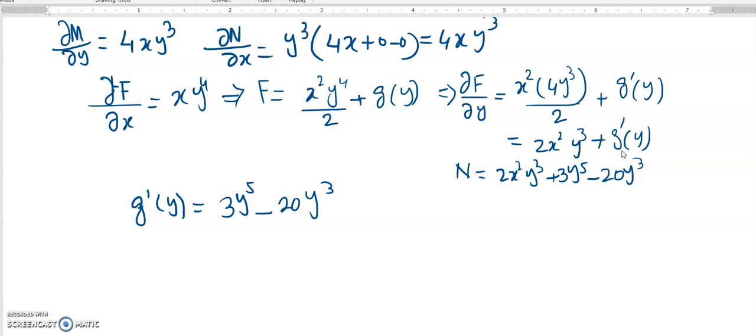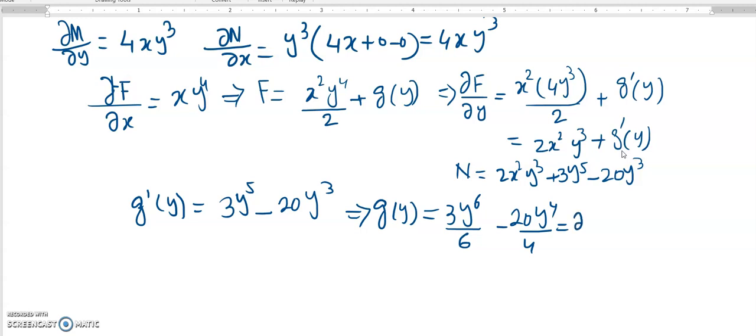This is a function in y, so we can get g of y by integrating it. 3y power 5 will become 3y power 6 over 6, minus 20y power 4 over 4. There is no need to add a constant over here.